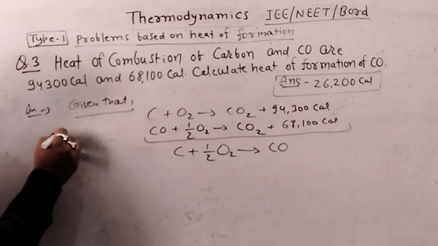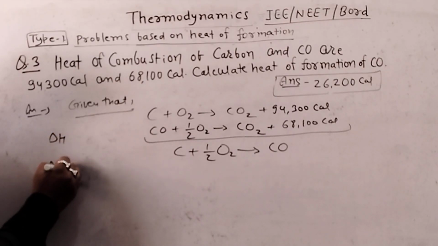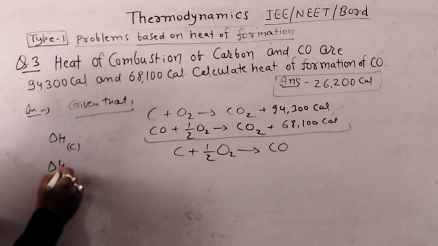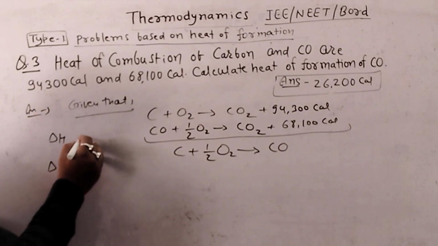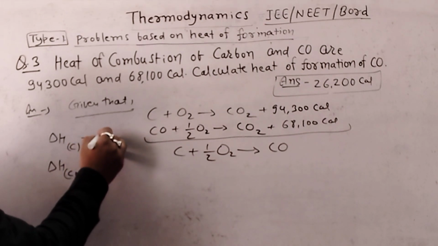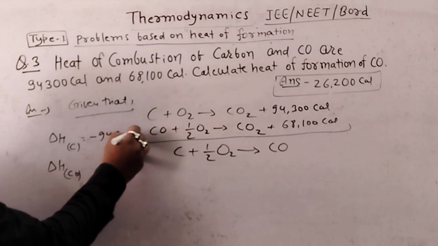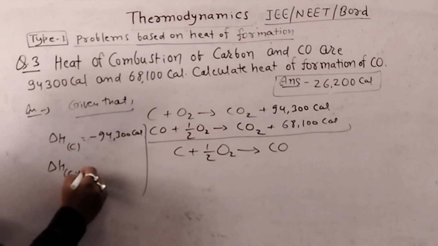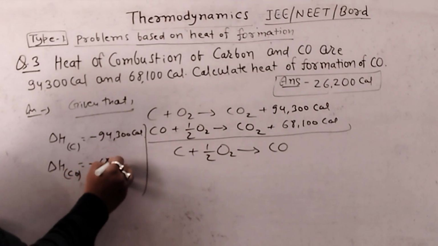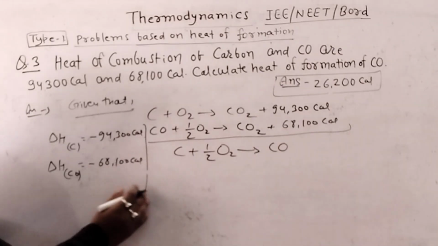The value of delta H for carbon is minus 94,300 calorie, and for CO is minus 68,100 calorie.